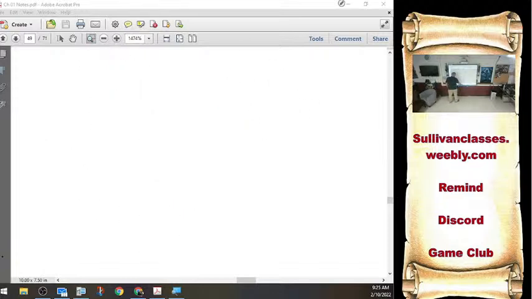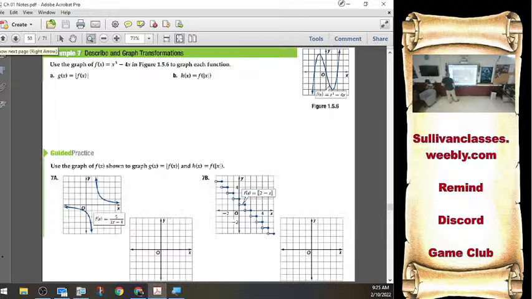So, there's a graph. They even gave you an equation for it. If I want to absolute value the entire thing versus just the input, what does it look like?